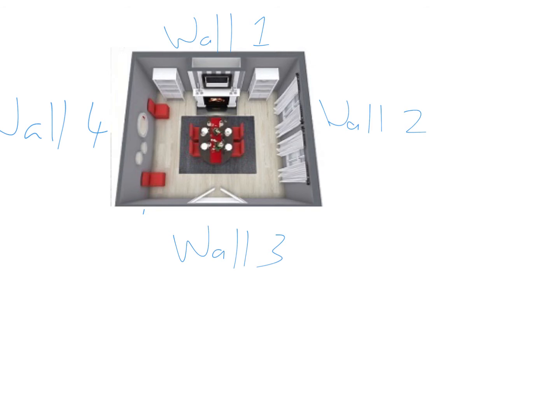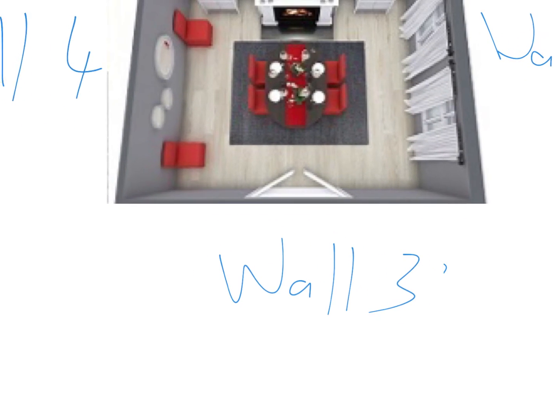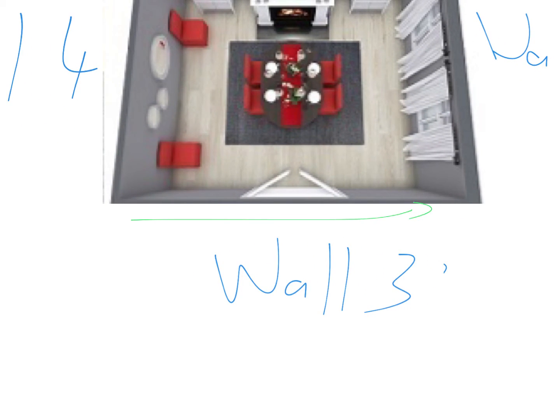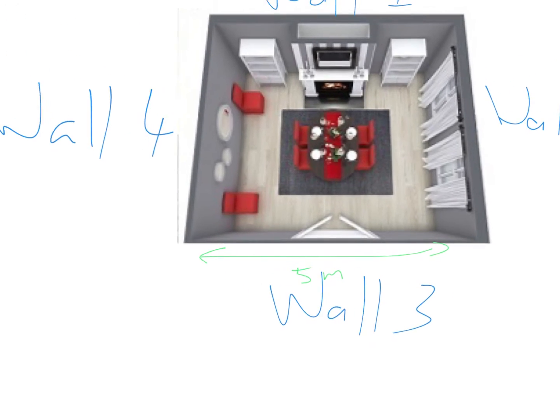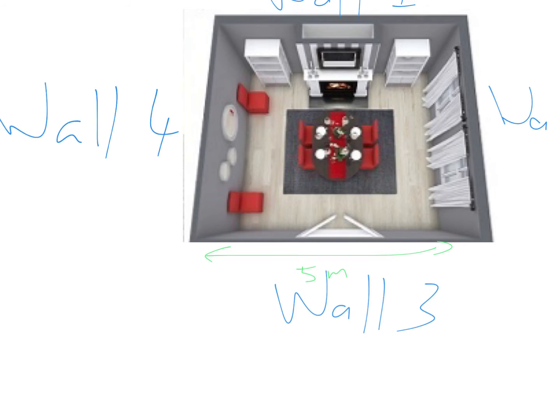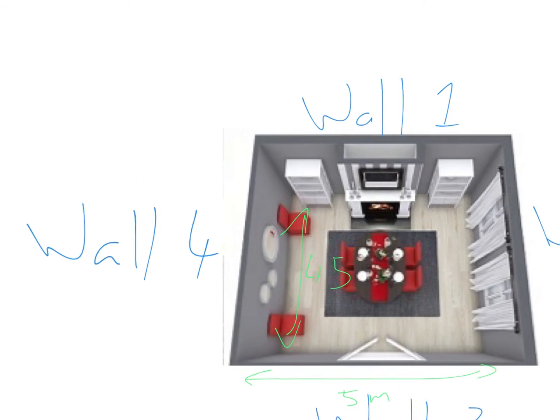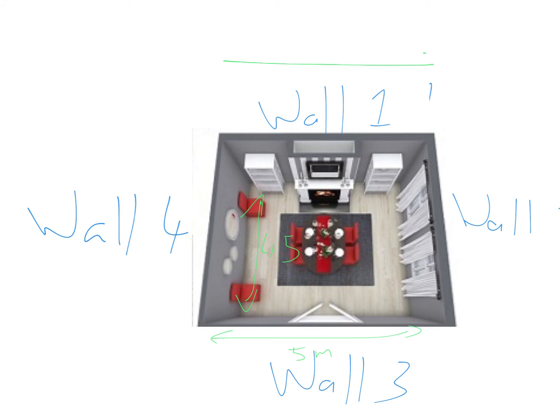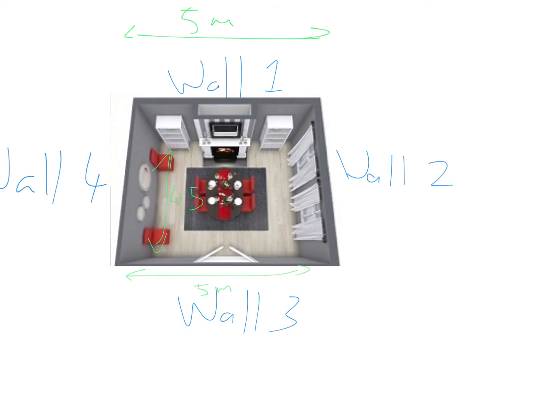Now we already know some of the dimensions here because we've measured them already. We know that this wall is 5 meters wide, this one is 4.5 meters wide, and the opposite one must be 5, and this opposite one must be 4.5 as well.